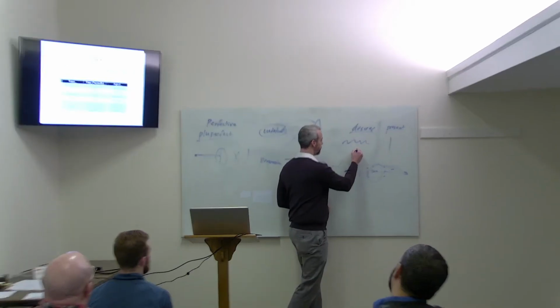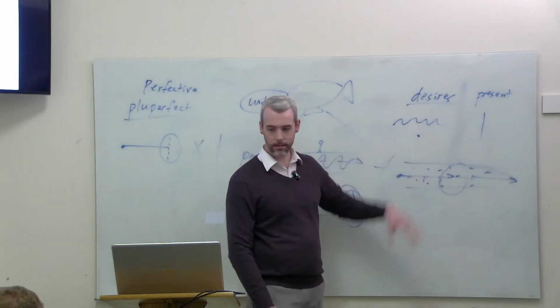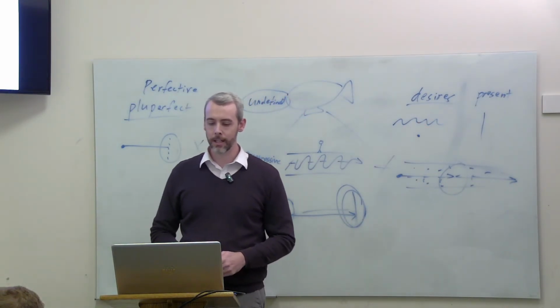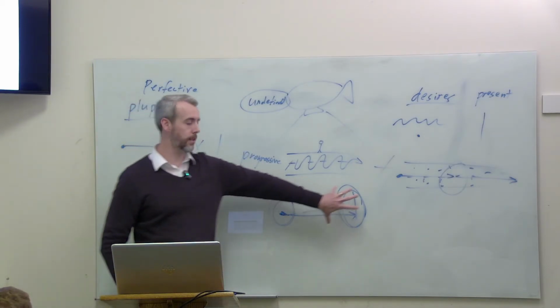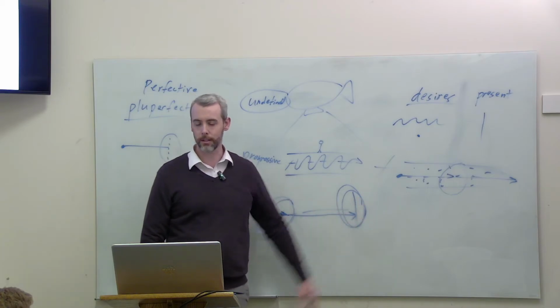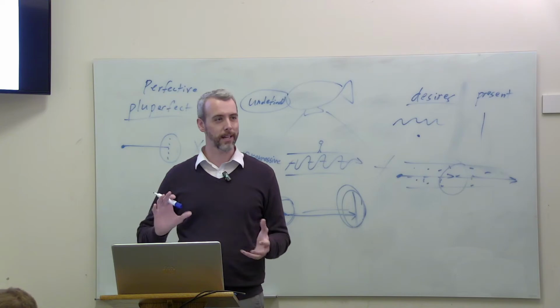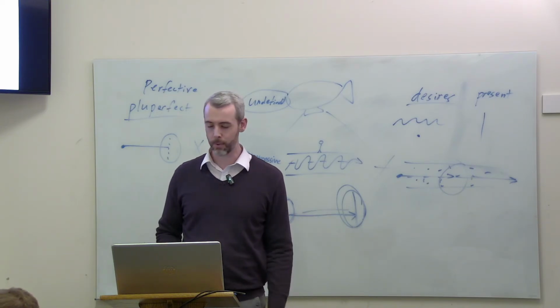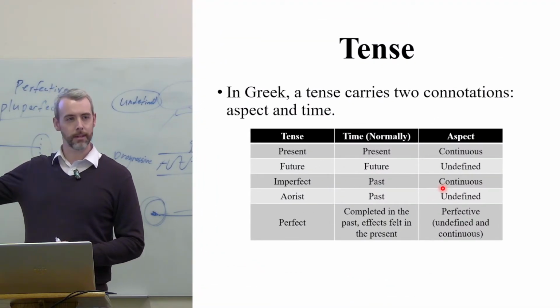But the aorist is I ran. So you have the undefined and you have the continuous. And then the perfect, we've already illustrated here, of something that happened in the past that has ongoing relevance, ongoing state in the present. And so it's kind of a mixture of undefined and continuous put together with that one. Any questions about that chart?